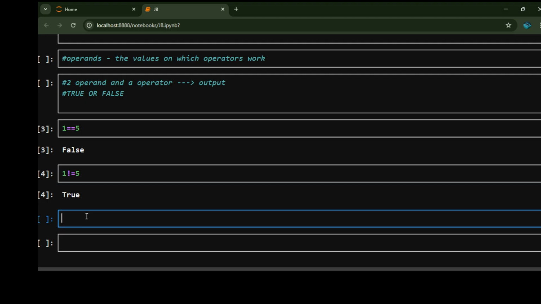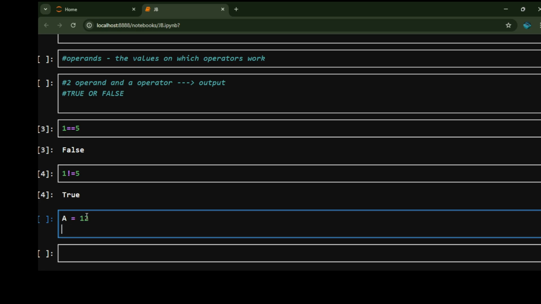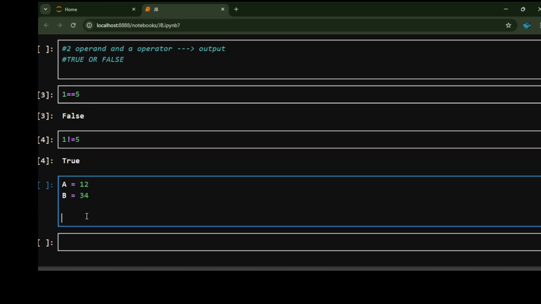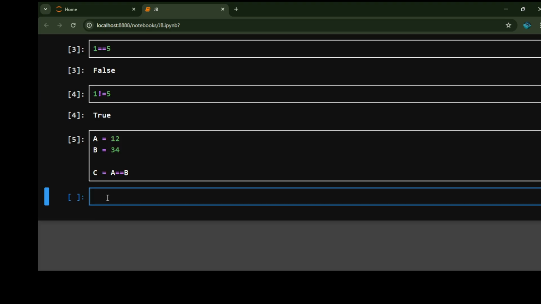We can also store the values of these in any variable. How to do that? Let us take an example: a equals to 12 and b equals to 34. Now we will simply put c equals to a, the equal to comparison operator, and b. Now the value of c will be true or false based on the logic.